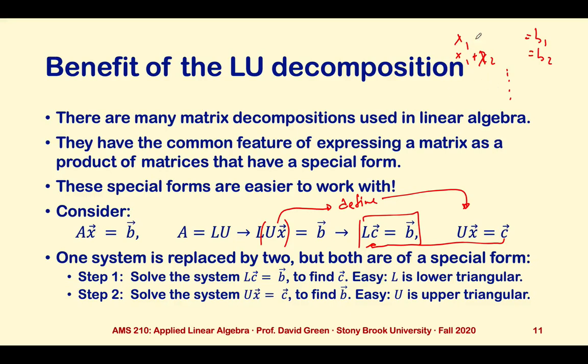We can solve this system very quickly because the first line gives us an answer for X1. We can then substitute it into the next equation, which gives us an answer for X2. We can then substitute that into the next equation, and that gives us an answer for X3.